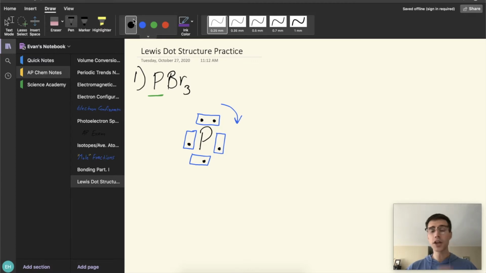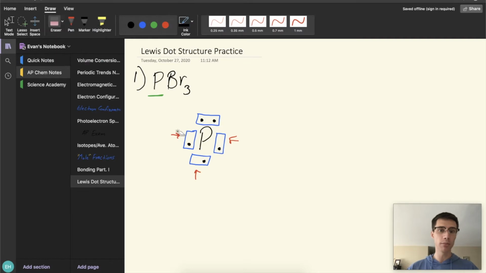To fill the octet, we end up filling these last empty spots with individual electrons from other atoms to create that covalent bond, because in a covalent bond, we need 1 valence electron from both of the participating atoms.